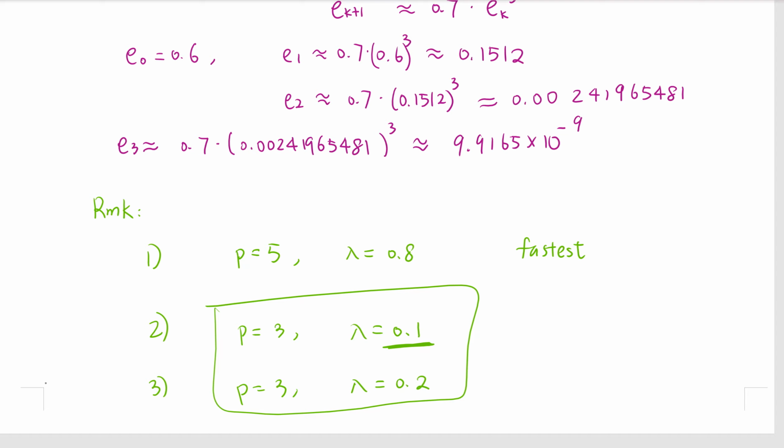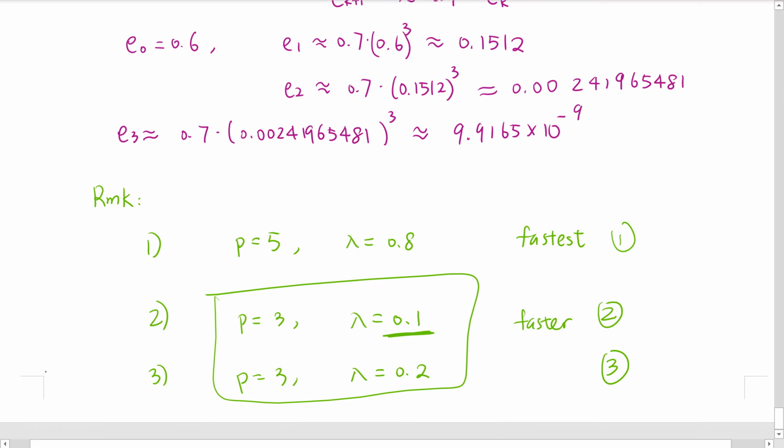Can I say this is the number one fastest, then this is faster, and this is the slowest. So far, so good, everybody? Yeah, the order is like that. So this is the order of convergence and the rate of convergence.